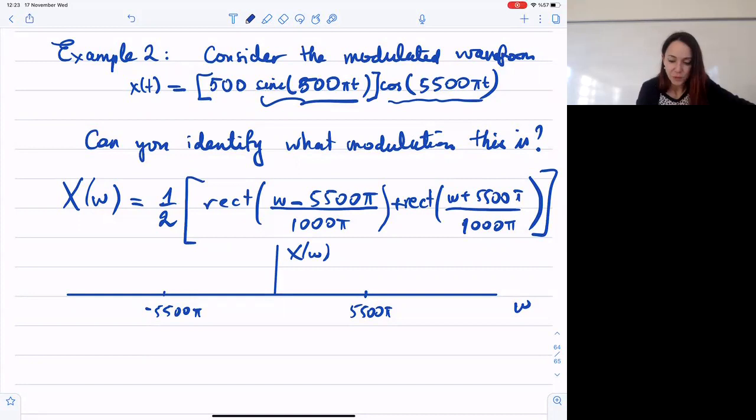How is it going to look? Where are they centered? Like this?